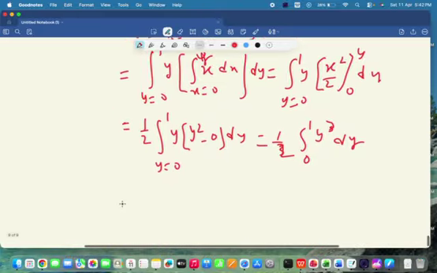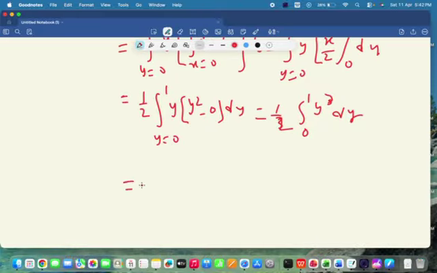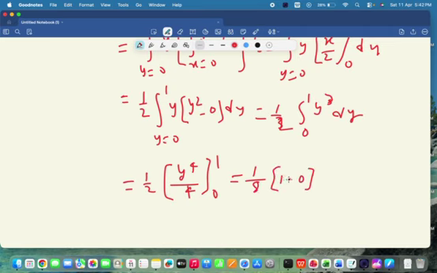Okay, and this y to the power 3 we can easily solve by the y to the power n formula, which is y to the power 4 by 4, 0 to 1. So 1 by 2 into 1 by 4, and this limit is 1 minus 0 because 1 to the power 4 is 1, which is equal to 1 by 8. And this is the answer.